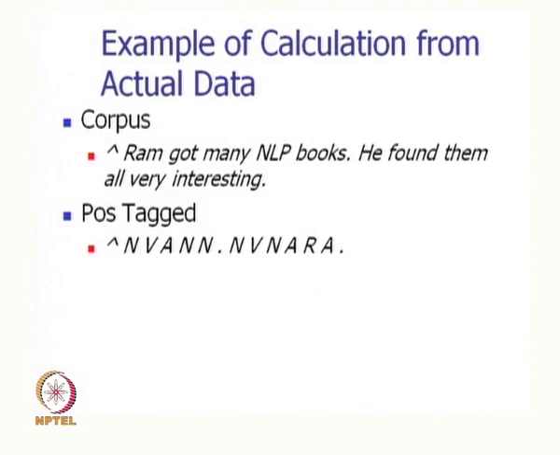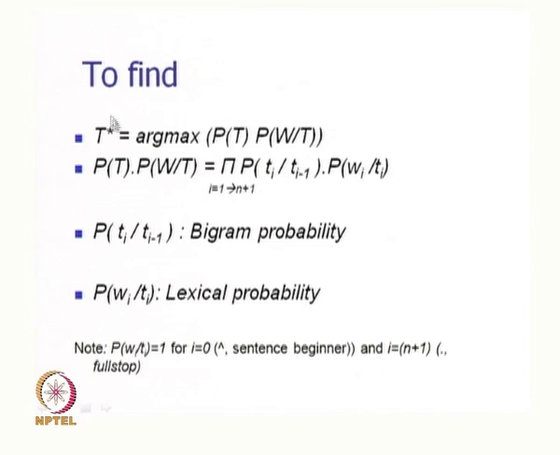Now, in our previous lecture, we saw that the mathematics of part of speech tagging can be looked upon as an argmax computation. Just to remind you, we can look at the formula. We have here the expression T star equal to argmax of P(t) into P(w given t). The original expression is probability of the tag sequence given the word sequence. Now, we maximize these over the possible tag sequences.